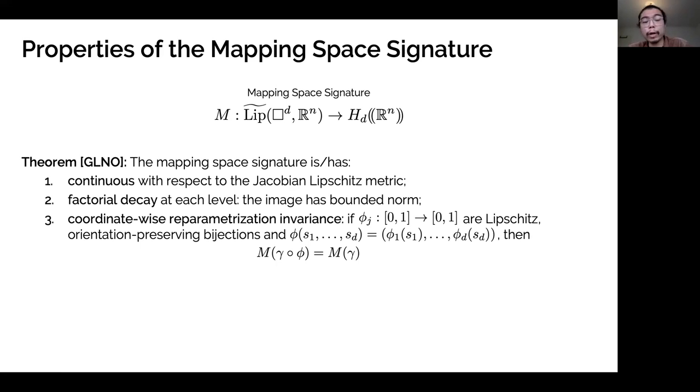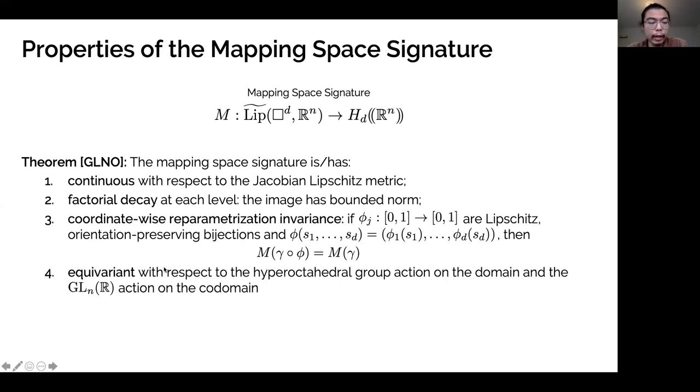It's coordinate-wise reparametrization invariant. So if I reparameterize each of the coordinates in our map independently, then this mapping space signature is going to be invariant under these types of reparameterizations. It also has two different equivariance properties.